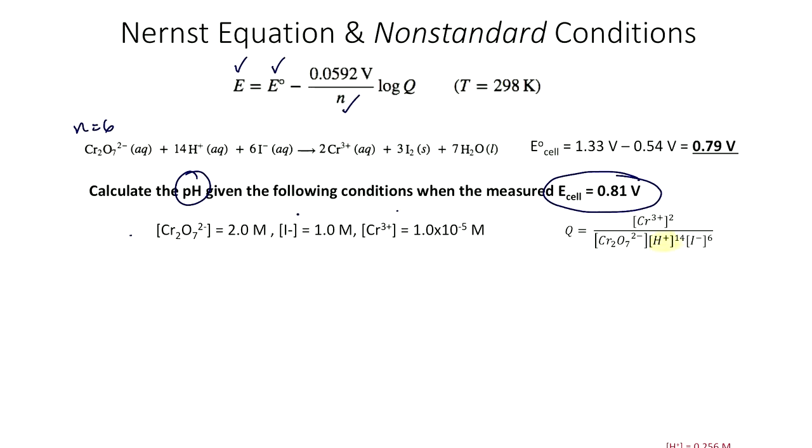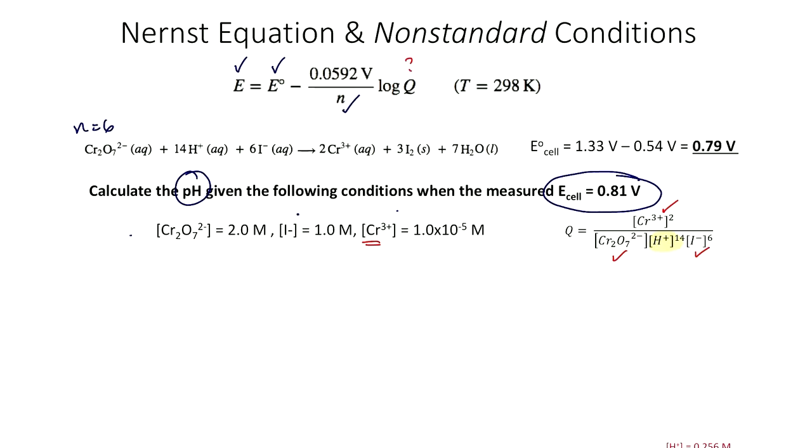And if you look at the last bits of information given, yes, I give you the chromium 3 plus concentration, it's right there. I give you the I minus concentration, and I give you the chromium oxide compound as well. So in this question, we are solving for Q given the measurements that I give you.